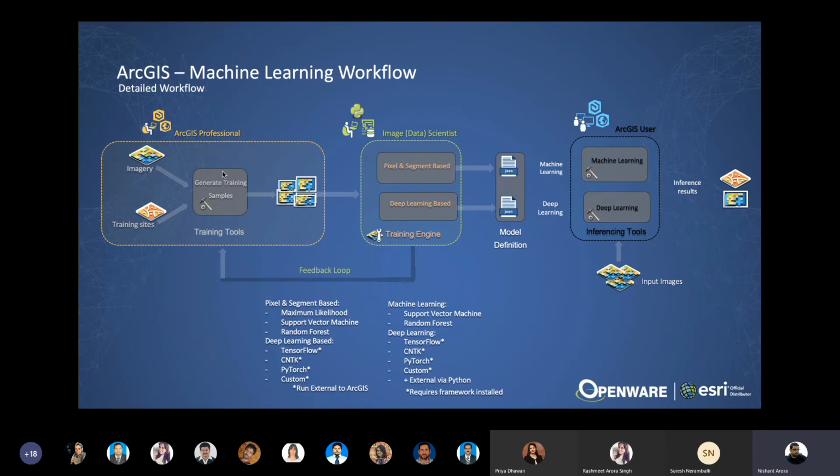These training samples are used to train a deep learning model using the geoprocessing tool, and the resulting model definition file or deep learning model package is used to run the inferencing geoprocessing tool to extract specific object locations or classification, or label the objects or classify the pixels in the imagery.